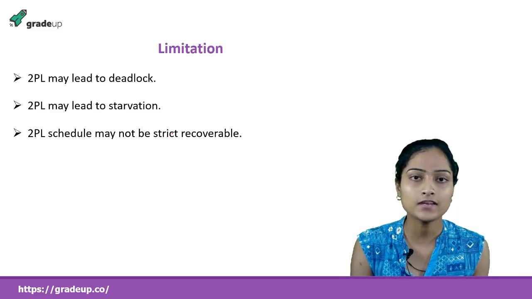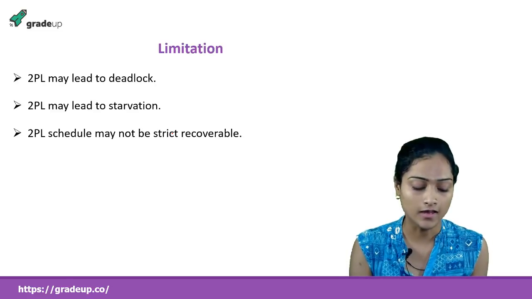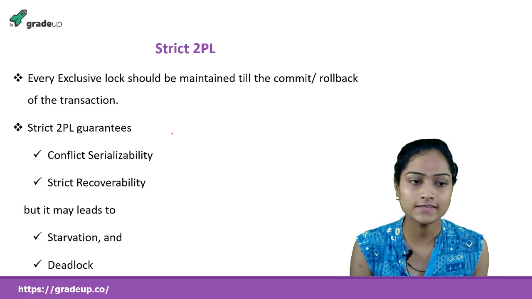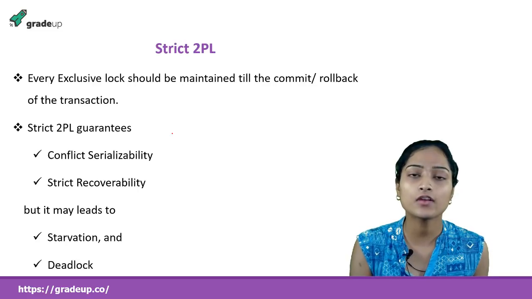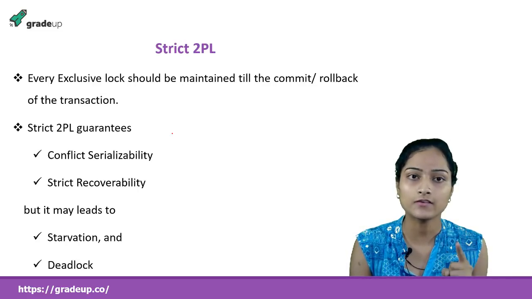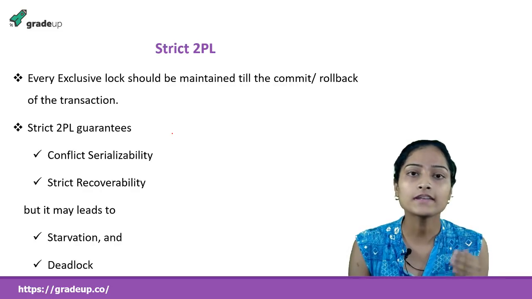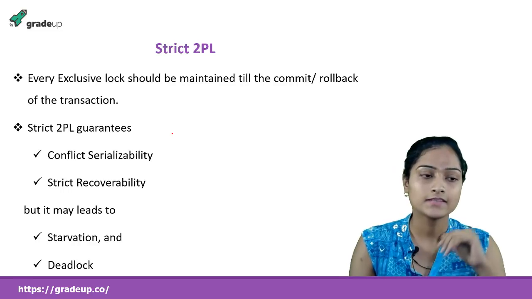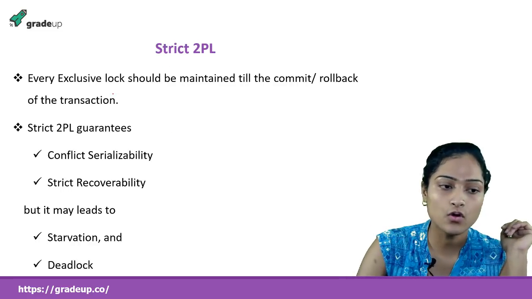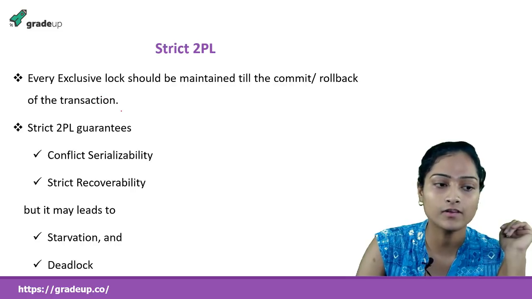But the improvement which has been provided is strict two-phase locking. In two-phase locking, we are allowed to lock our data items in one phase and then unlock them in some other phase. What strict locking says is that every exclusive lock should be maintained till the commit or rollback of the transaction.